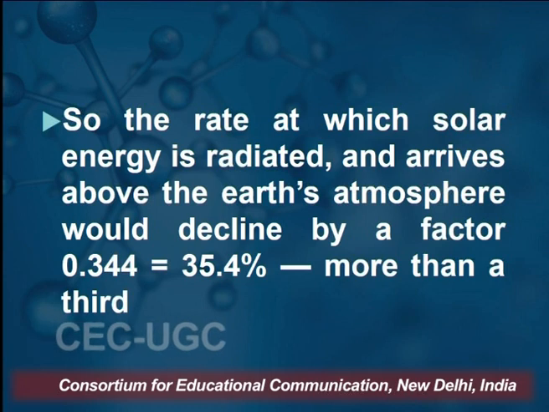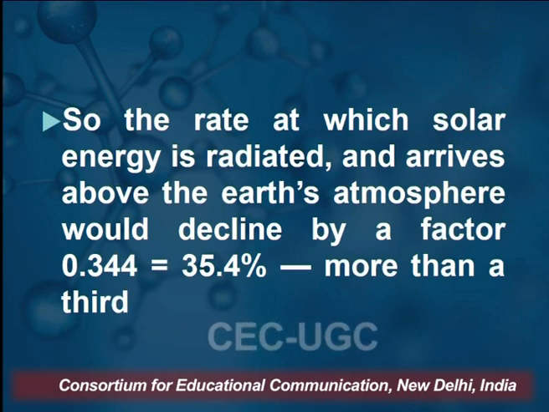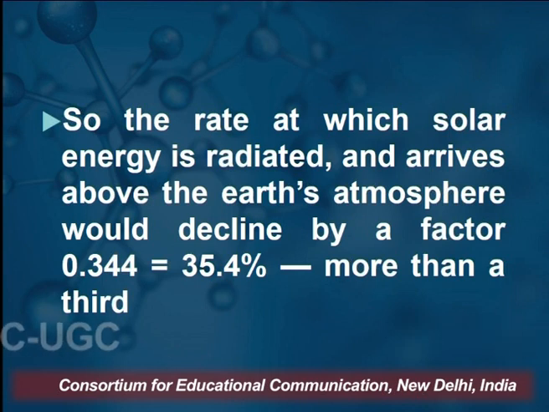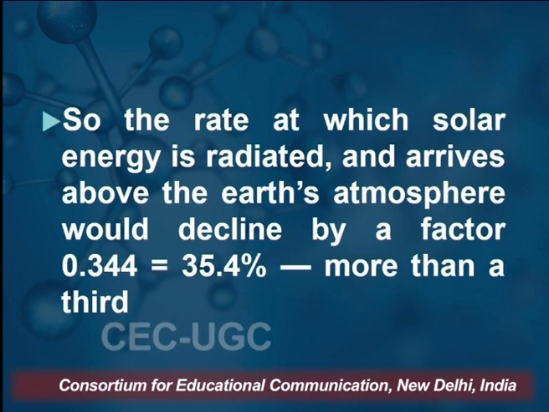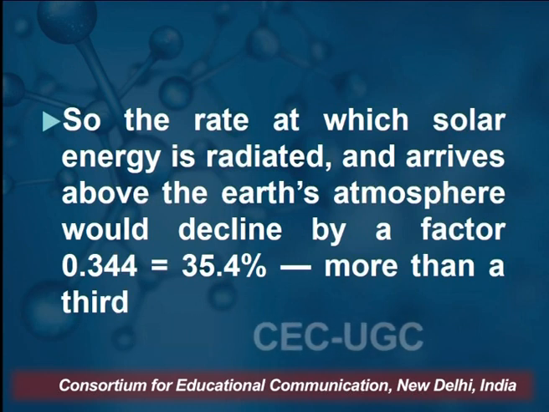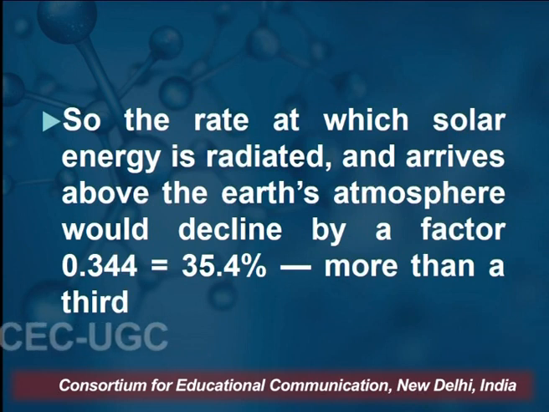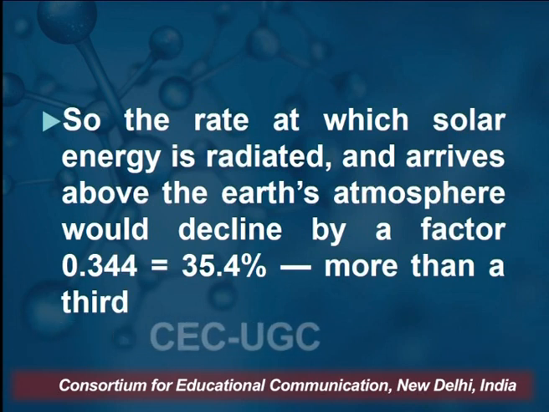Hence the rate at which the solar energy is radiated and arrives above the Earth's atmosphere would decline by a factor 0.344, which is 34.4%.